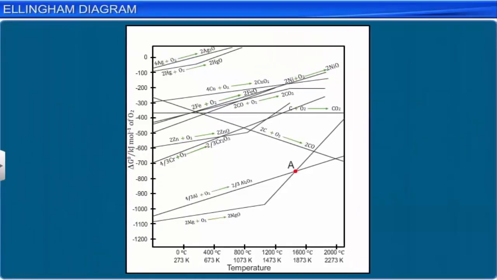An Ellingham diagram normally consists of plots of change in the Gibbs energy versus temperature for the formation of oxides. An Ellingham diagram for oxides has several important features. Let's look at them one by one. The first feature is that the graphs for most metal-to-metal oxide reactions show a positive slope.